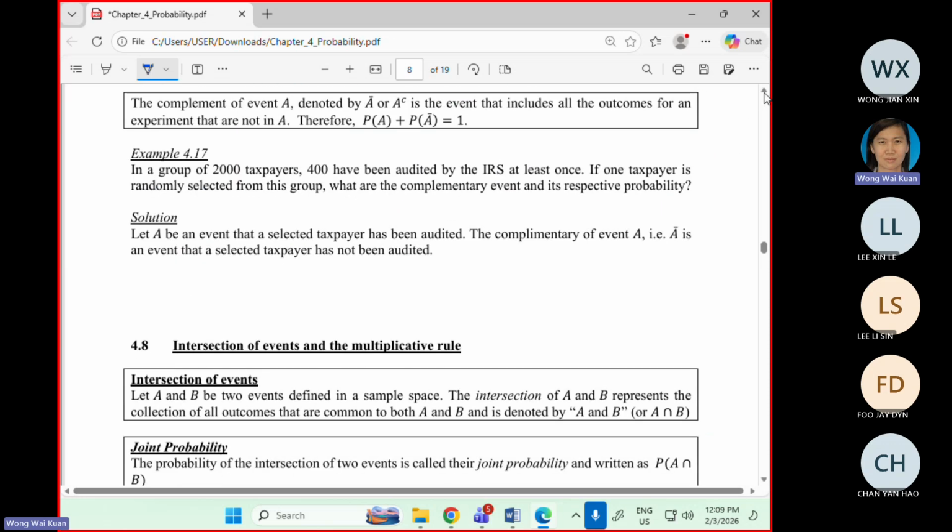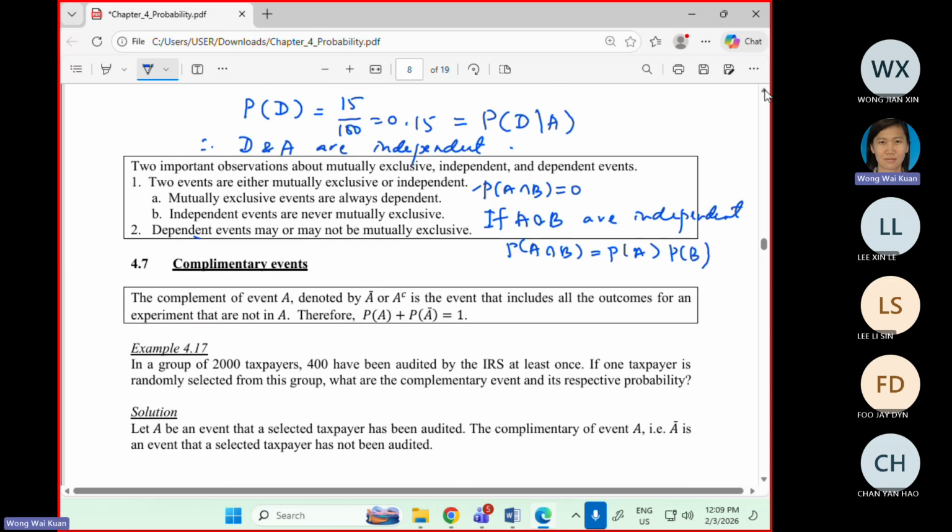Okay, now, the next thing is complementary events.